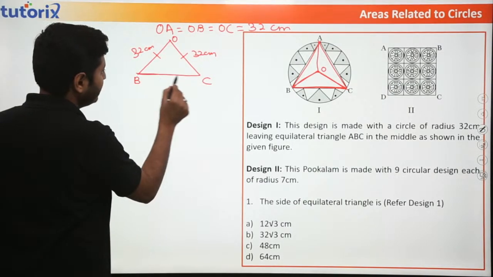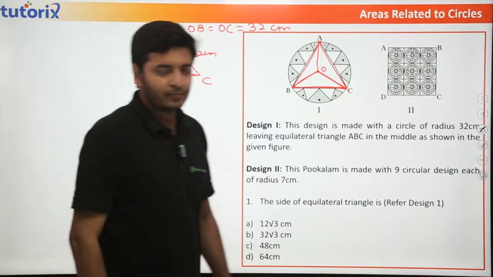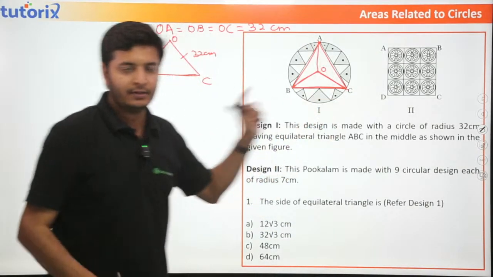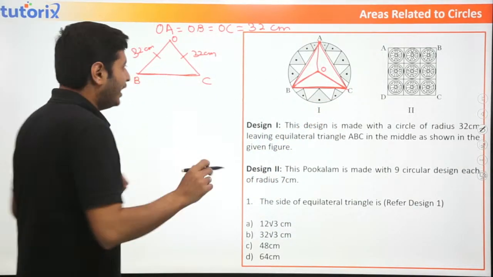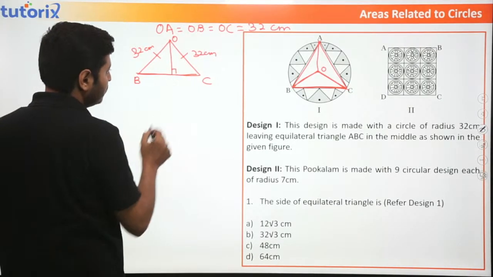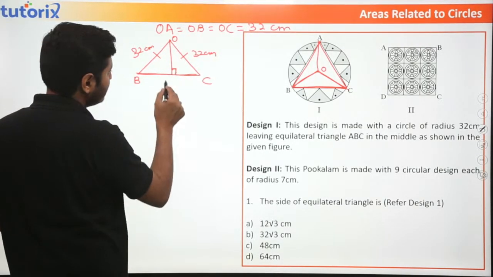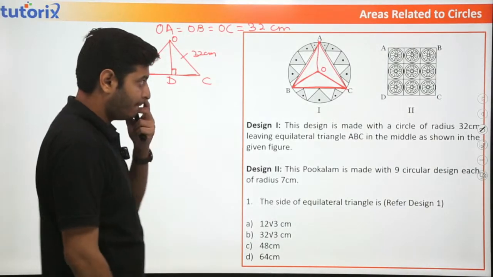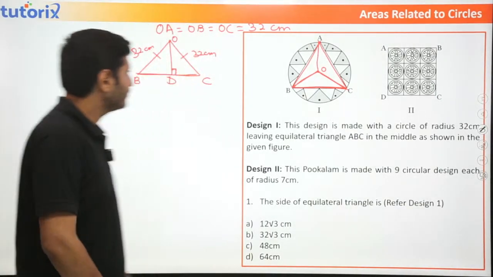I need to find the length of BC because BC is the side of this equilateral triangle. I will do one thing. I will draw a perpendicular from O. Suppose this is point D. Correct?